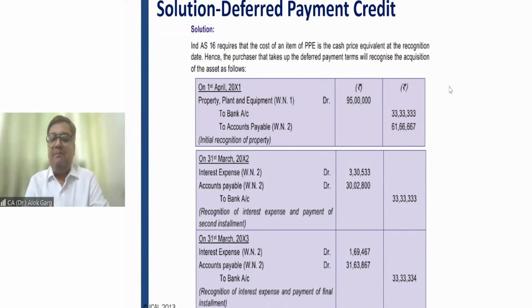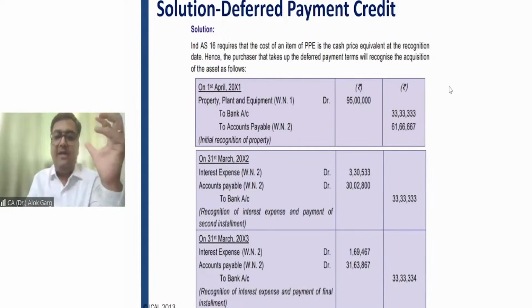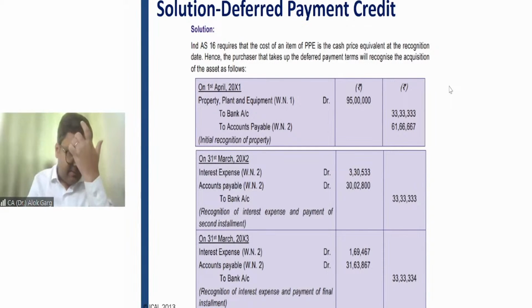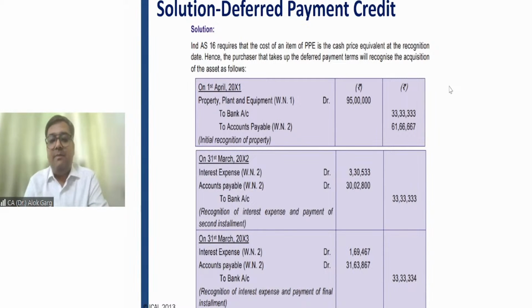Then we discussed PPE has to be recognized when two conditions will be satisfied. I'm just making a revision in the next minutes so that if you have any question, you can ask that question as well. Future economic benefits should be satisfied and cost can be measured reliably.